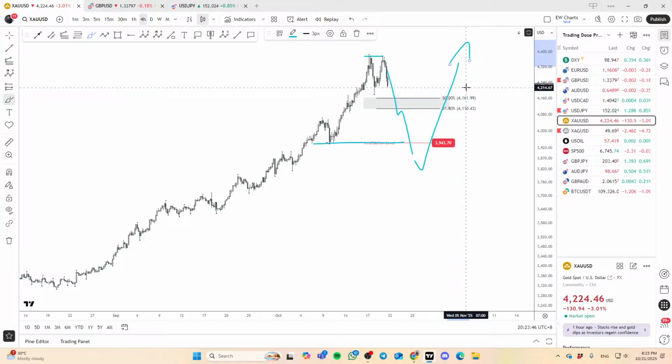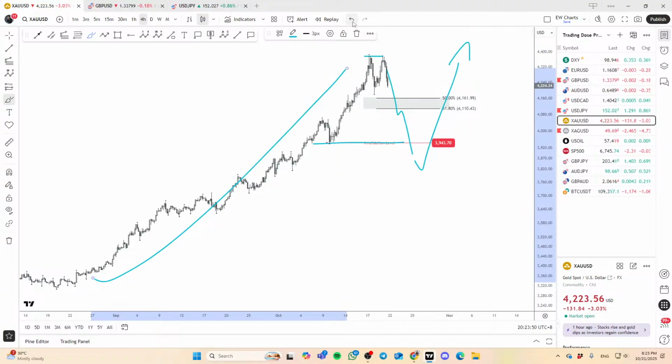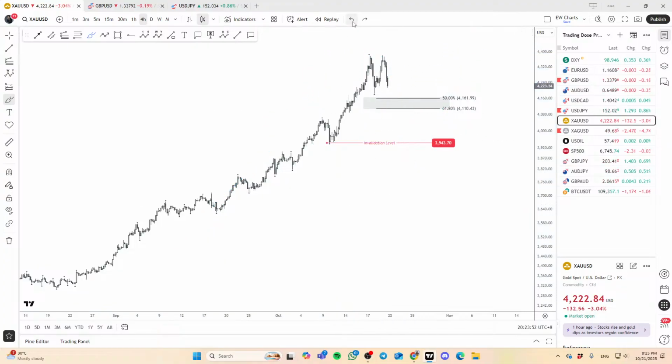Okay. The reason for that is because this has really extended quite a bit. Okay, and I'm just mentally prepared that gold might go into a big consolidation phase or even quite a meaningful pullback before the continuation. Okay. Yeah, so just bear that in mind.